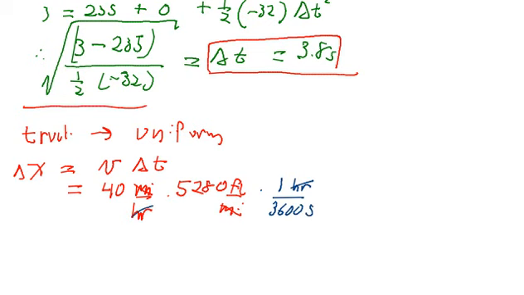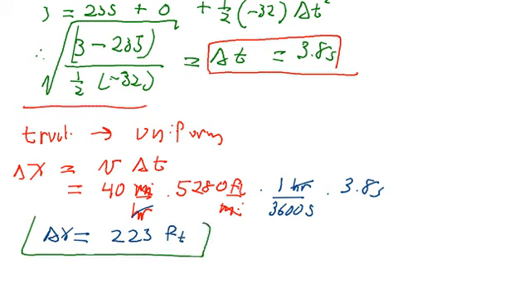And when we multiply that by the delta t, that was our 3.8 seconds, we get a distance of 223 feet. Delta x is equal to 223 feet.